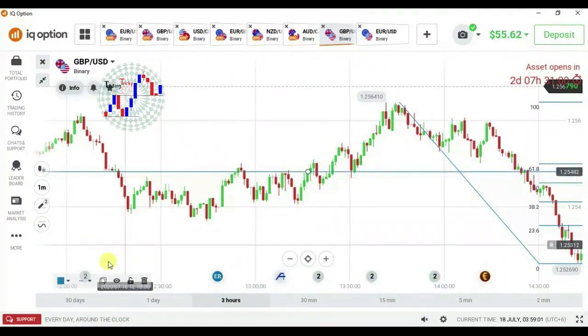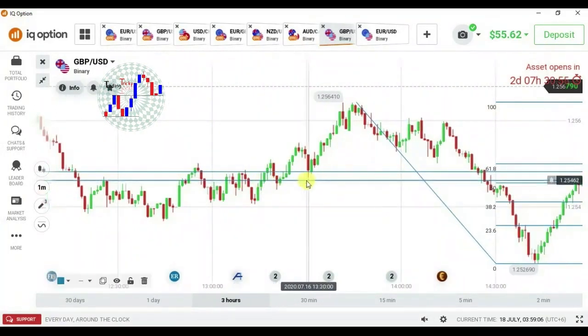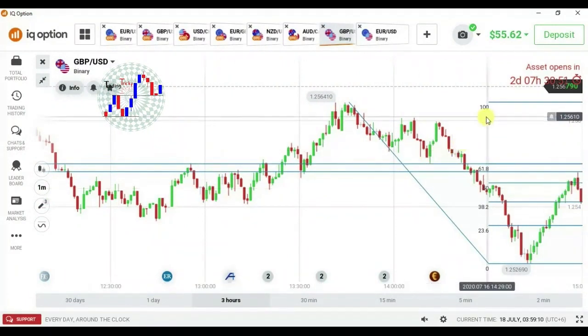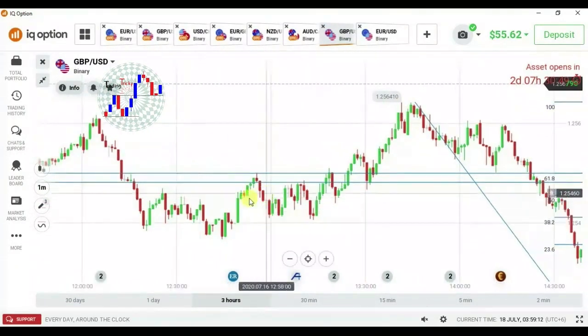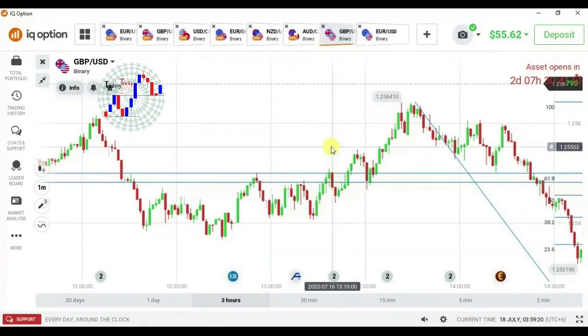This is a level. Here you can see these are levels completely without Fibonacci. We can see these are strong levels. There I can see price action, sellers' entry, sellers' entry, buyers trying, but unable to make a high here.